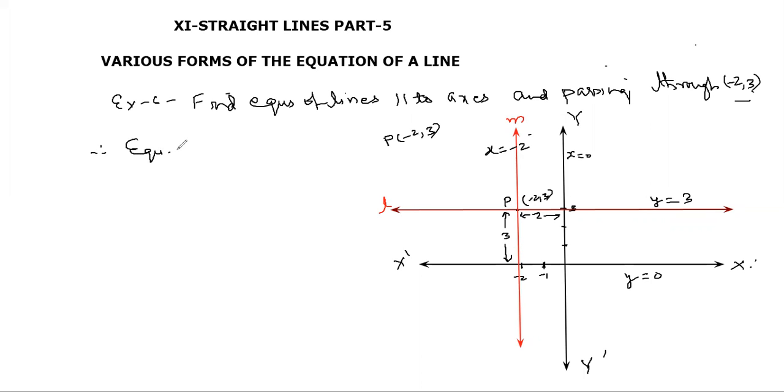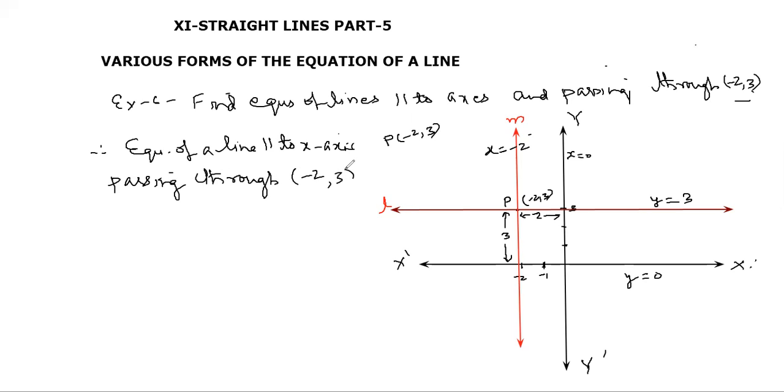So you can write the equation of a line parallel to the x-axis passing through -2 and 3 is y is equal to 3. That is the first answer.